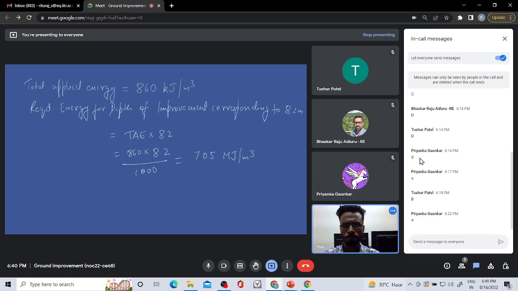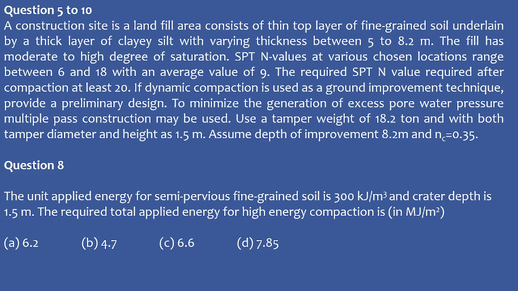Since we have calculated the total applied energy, now we want to calculate how much is the total required applied energy for high energy compaction. From the lectures you guys would have seen that the total improvement basically consists of the high energy compaction plus the ironing phase.